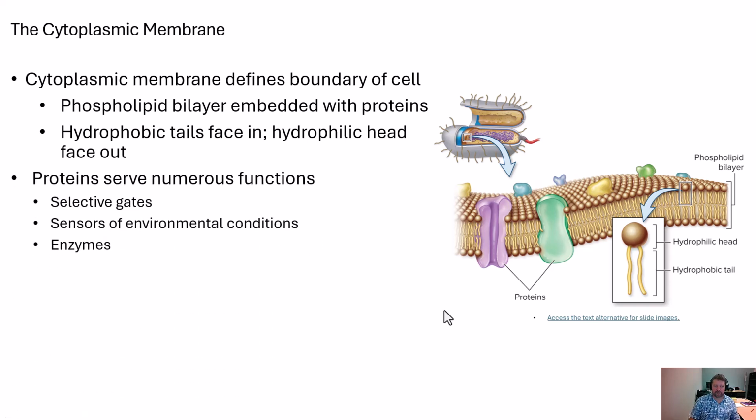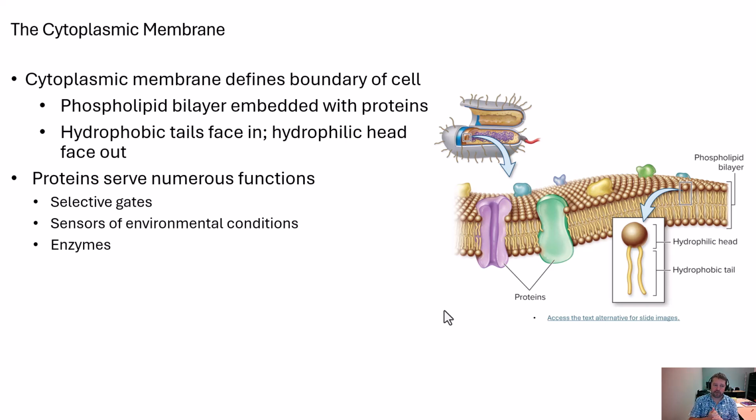Okay, so again, the proteins will serve many different functions. Some are selective gates, so they might be very specific to a single thing, like you might have a protein that only allows sodium to enter the cell, or glucose to enter the cell.